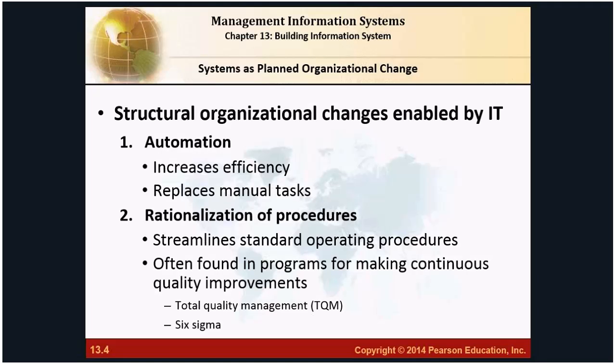So if you go to the previous slides again, structural organizational changes enabled by IT. So this automation will increase your efficiency and replace some manual tasks. So rationalization of procedures, in there you streamline standard operating procedures, often found in programs for making continuous quality improvements.